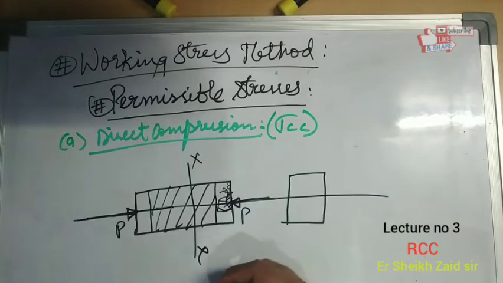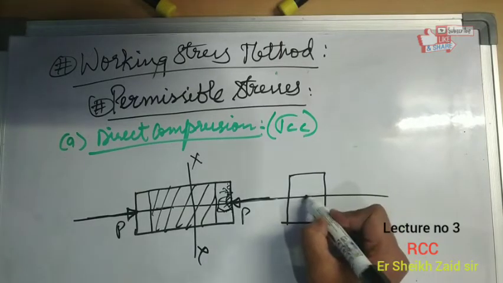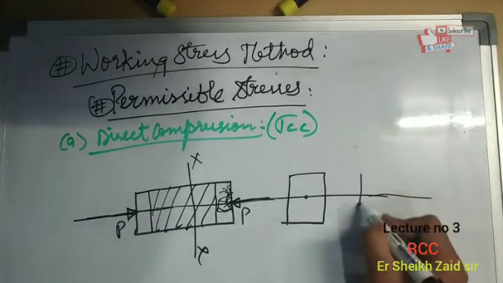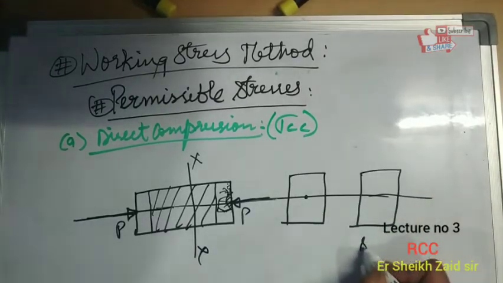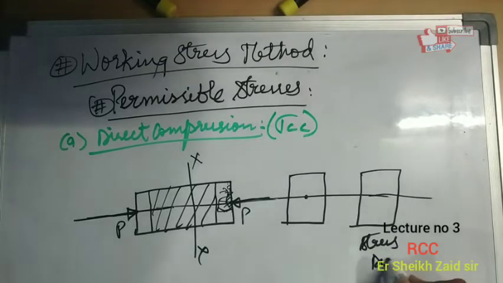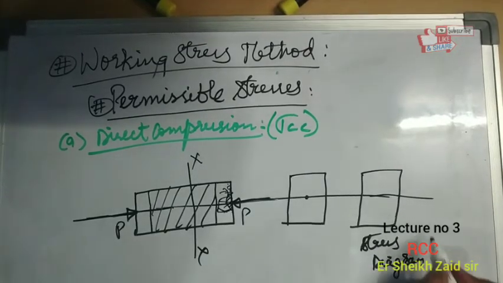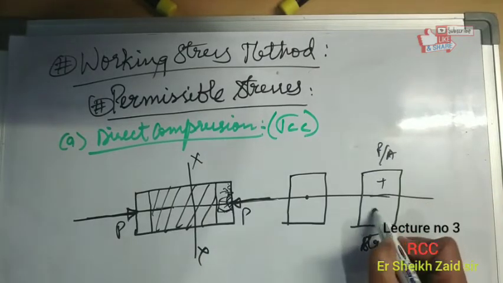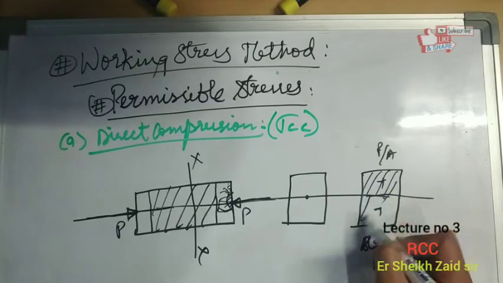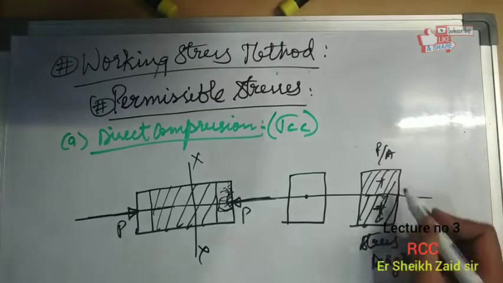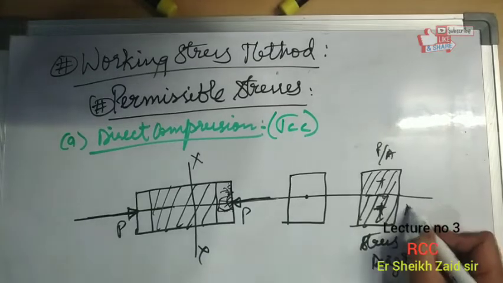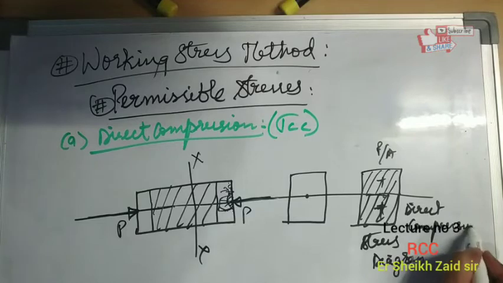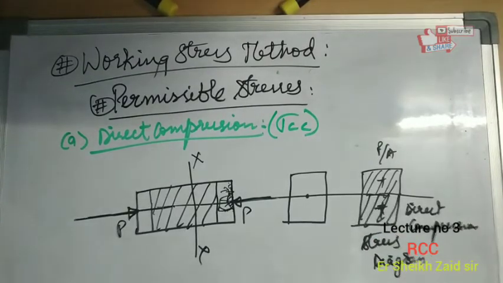If this is the cross section of this member, this will be the stress diagram. Stress is simply force upon cross-sectional area. This is direct compression, and here I have represented compression with a positive sign.